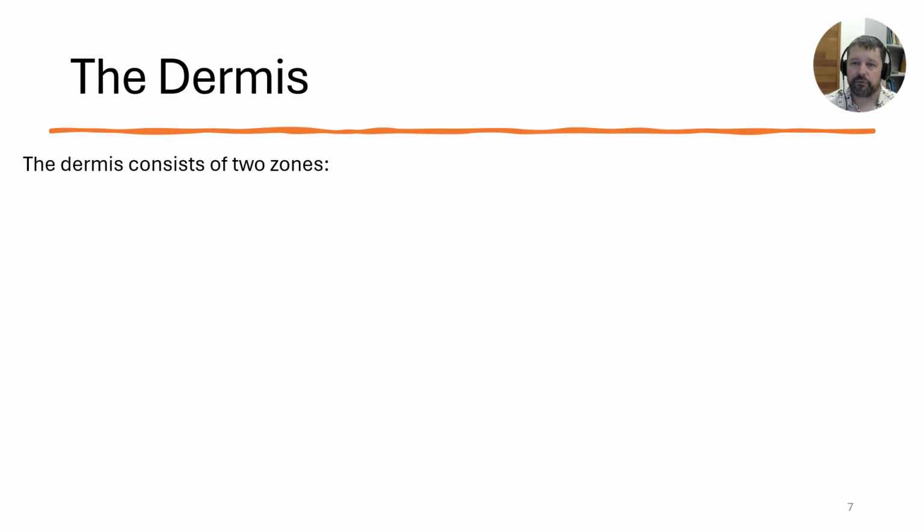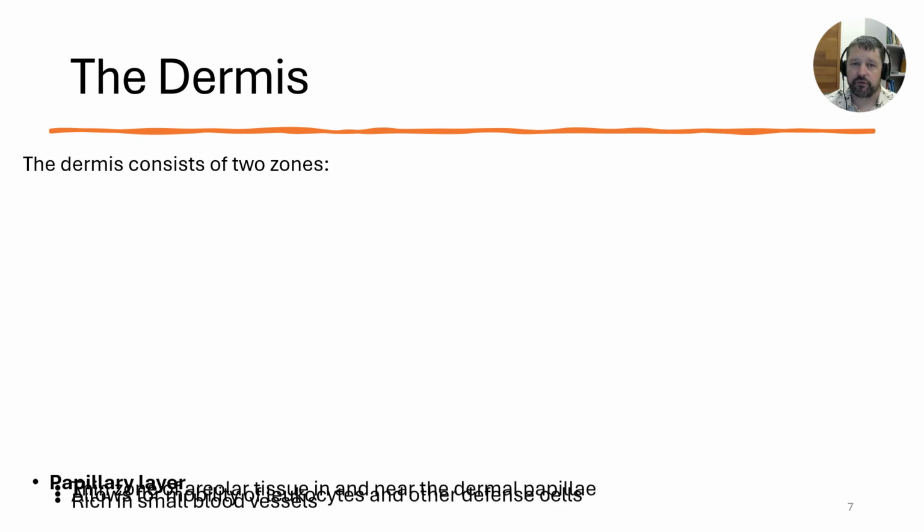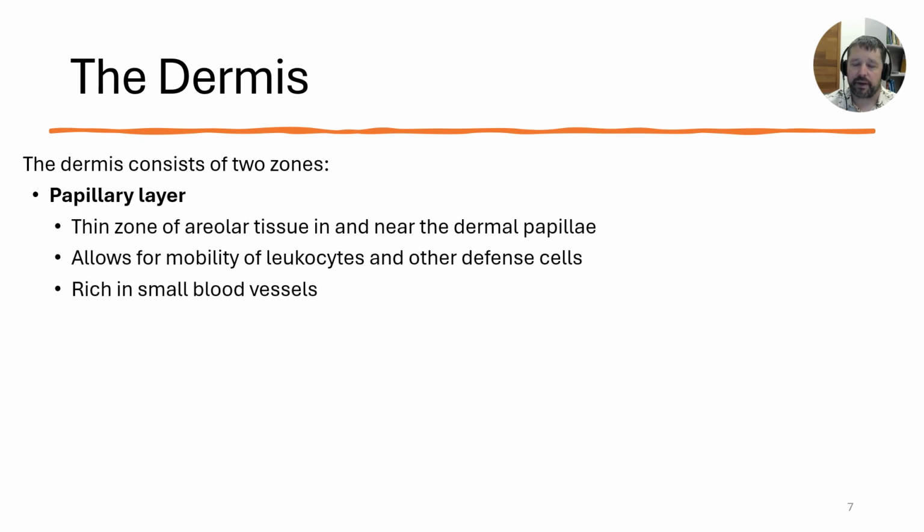Okay, so the dermis really consists of two main zones. The first zone is the papillary zone, and that is a thin layer of areolar tissue. It's normally associated with the dermal papillae, and that allows leukocytes and other defense cells to move close to the basal layer to provide protection for the living cells.